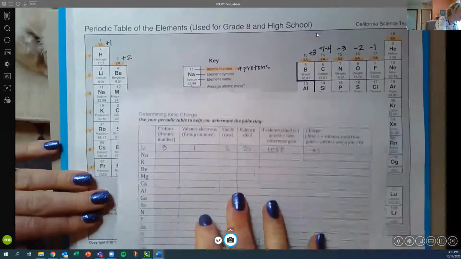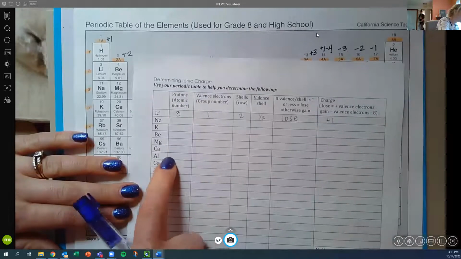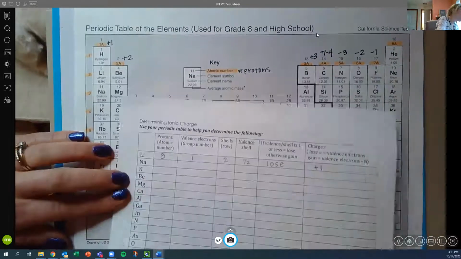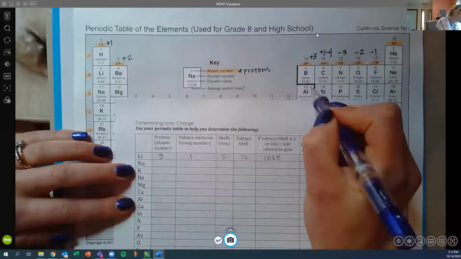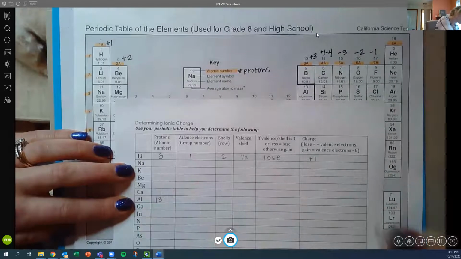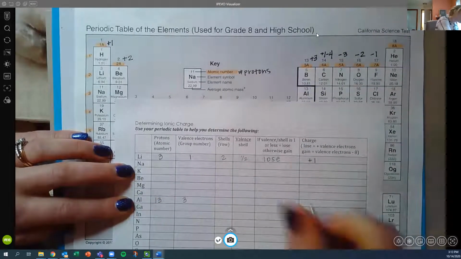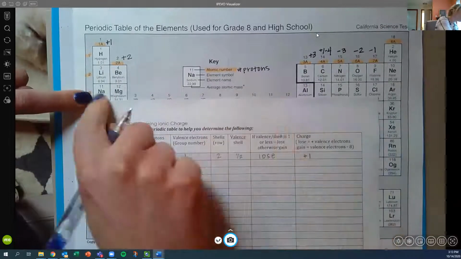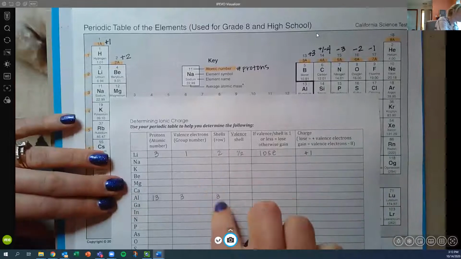Let's try this again with the next one. Maybe we'll skip around a little bit. So let's go to aluminum. For aluminum, we have 13 as our atomic number, so that means we have 13 protons. We're in column 3A, so we must have 3 valence electrons. And we're in this third period, or this third row, so we have 3 as our row.